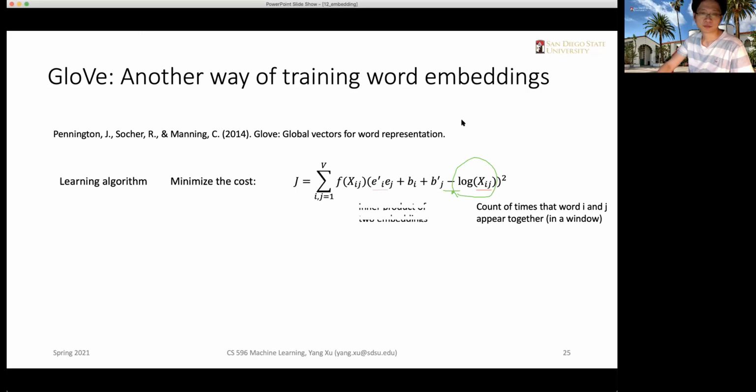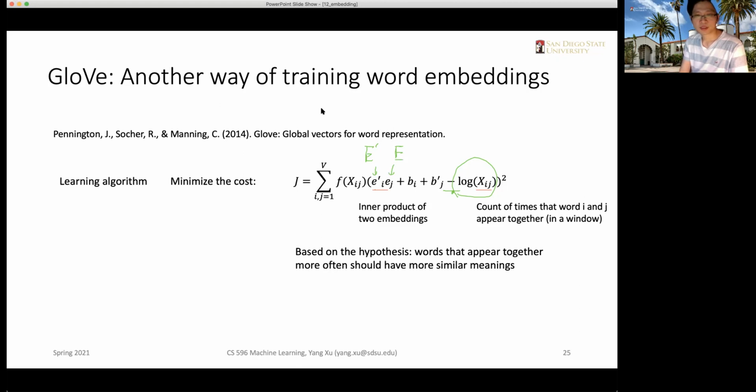And there's another term, which is the inner product of the two embeddings. This capital E is similar to the word2vec vectors, right? So this E is from the embedding matrix E, okay? Such a construction of the cost function is based on the hypothesis that words that appear together more often should have more similar meanings, right?